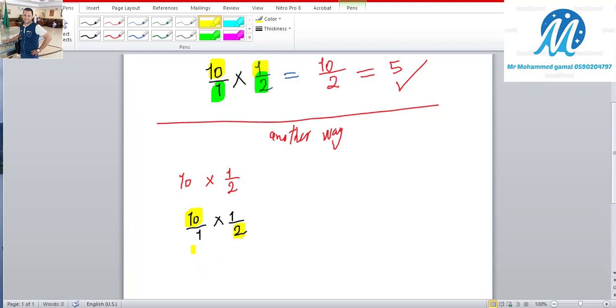So ask yourself a simple question. Can we simplify 10 with the 2? Can 10 be divided by 2? The answer is yes. So we can divide 10 by 2 as 5 and 2 divided by 2 as 1. Now you can multiply 5 by 1, which is 5, and 1 by 1, which is 1. 5 over 1 means 5 divided by 1, which gives you 5.